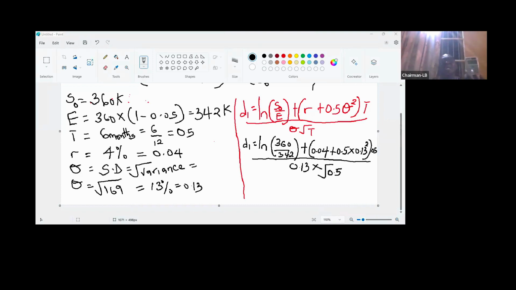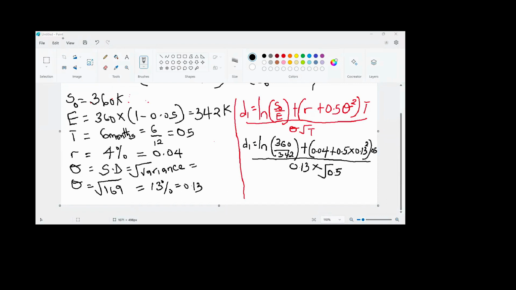Please let us work together. All right. On your calculator, you have ln. Press ln. That ln is called natural log. For some calculators, it comes with brackets. For some, you need to introduce brackets yourself. Open a bracket, 360 divided by 342. Close the bracket.